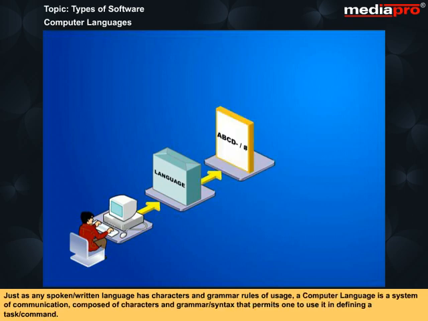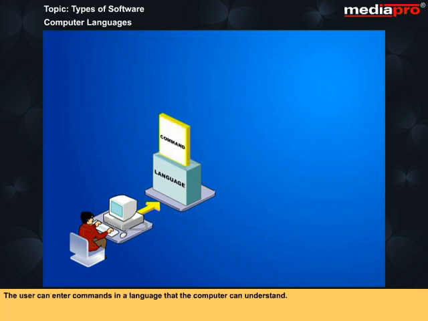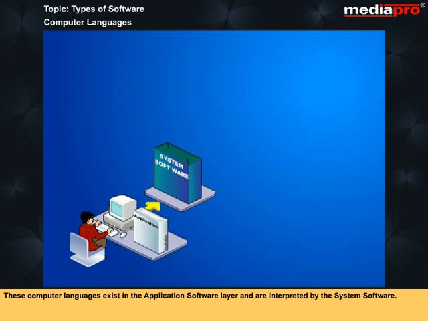Just as any spoken or written language has characters and grammar rules of usage, a computer language is a system of communication composed of characters and grammar or syntax that permits one to use it in defining a task or command. The user can enter commands in a language that the computer can understand. These computer languages exist in the application software layer and are interpreted by the system software.